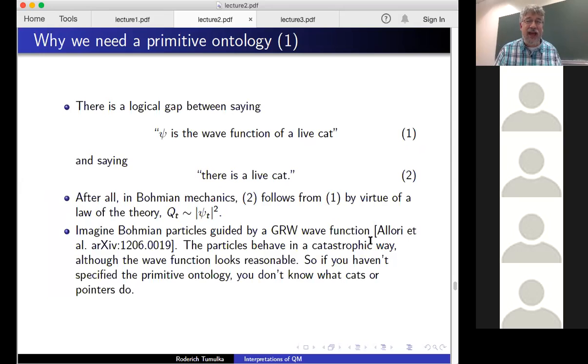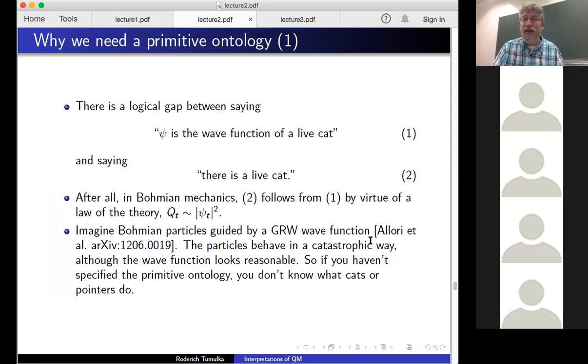There's a logical gap between saying psi is the wave function of a live cat and saying there is a live cat. If you have a wave function of a live cat, it's a wave function on configuration space, and it's concentrated in a certain region where configurations look like live cats. But that doesn't really mean there's a live cat in 3 dimensions.